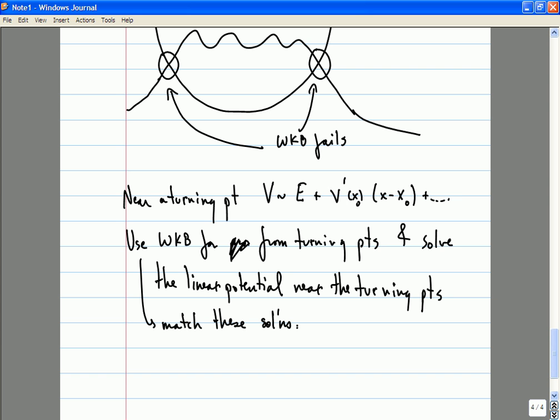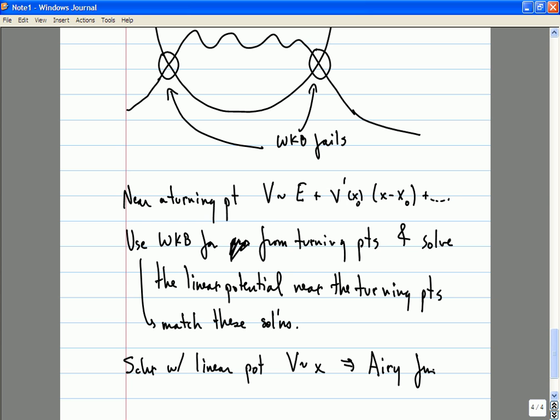Have you guys seen the solution to the Schrödinger equation when you have a linear potential? This is one of those classic examples that you often see in your first course in quantum mechanics. The solution to Schrödinger's equation with a linear potential, V proportional to x, is a special function known as an Airy function.